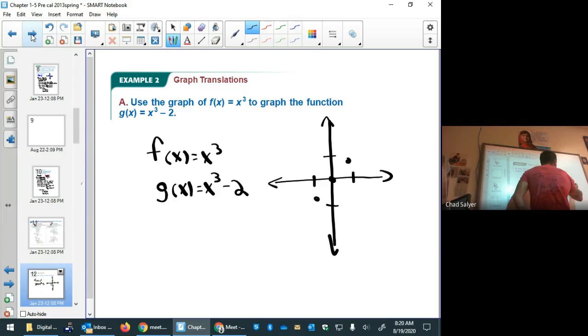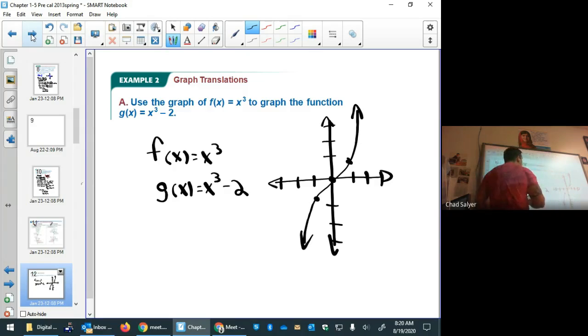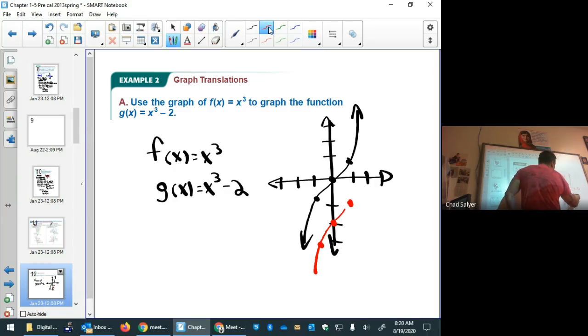So we use these 3 points to kind of guide me here. So all this minus 2 is going to do is translate those points 2 units downward. Like so.